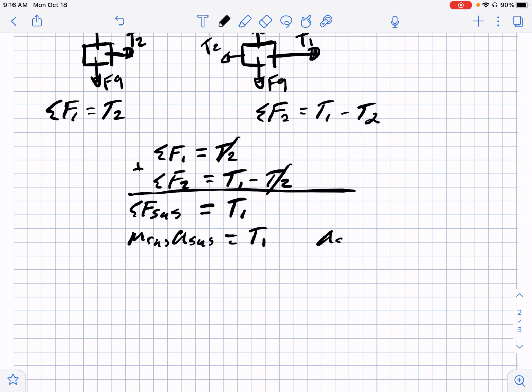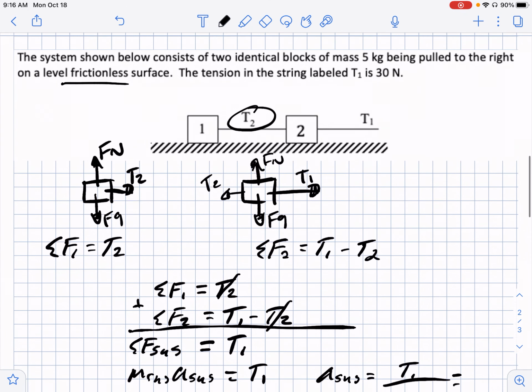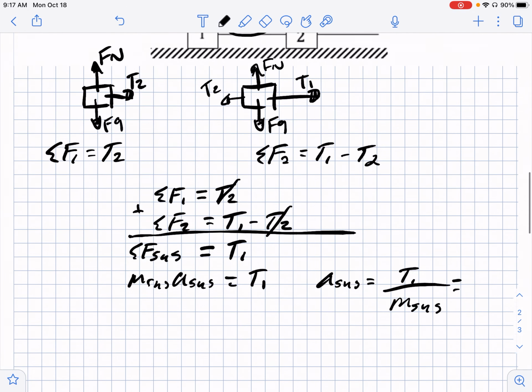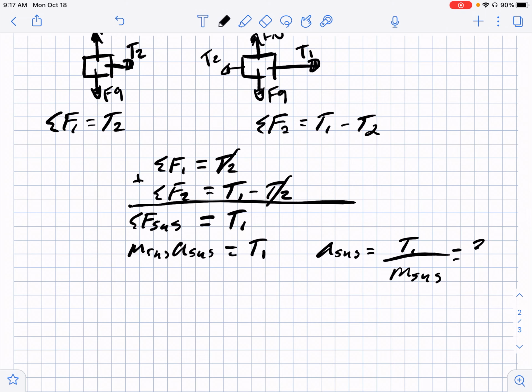So the acceleration of your system is going to equal T1 divided by the mass of your system. And now we can plug in and solve for that acceleration. So the problem told us that our T1 was equal to 30 newtons, and the mass of each block was 5 kilograms. So you're left with 30 newtons divided by 5 kilograms plus 5 kilograms. So the acceleration of your system is going to equal 30 divided by 10, which is 3 meters per second squared.